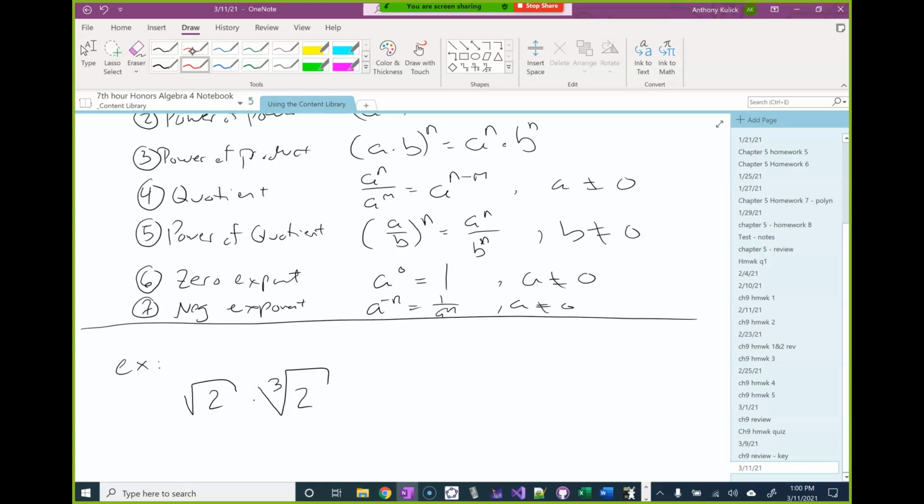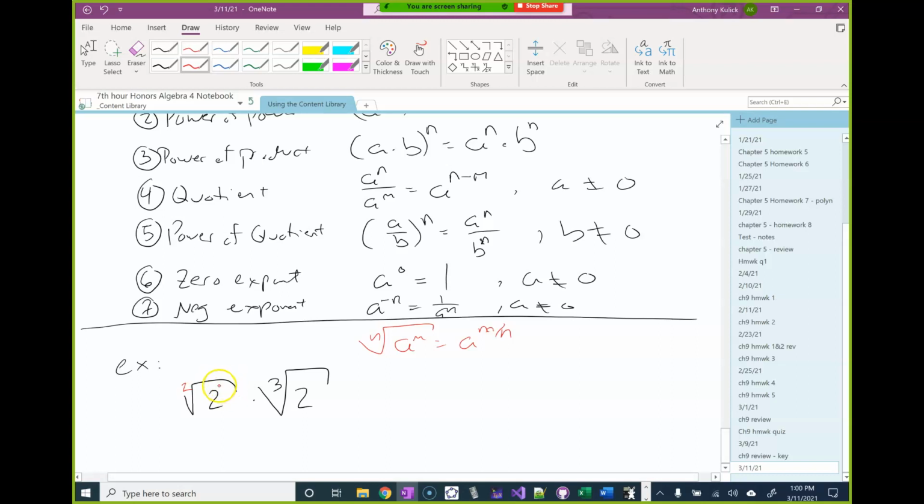Okay. So I'm going to take a moment and just fill in some of these missing pieces, because not everything gets written down. For the square root, the index is 2, right? It's a square root, so the index there is 2.